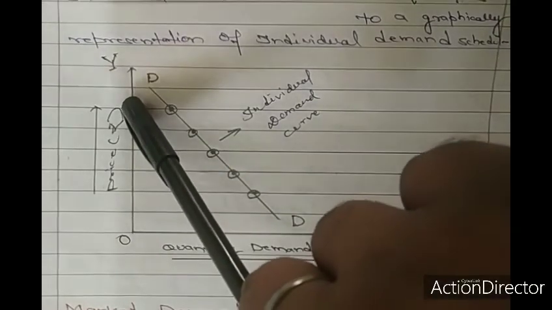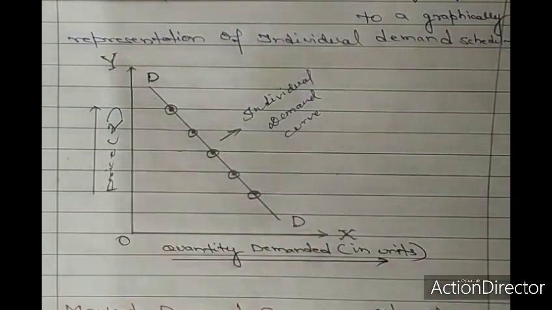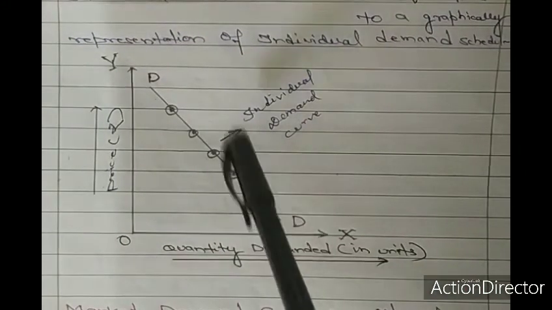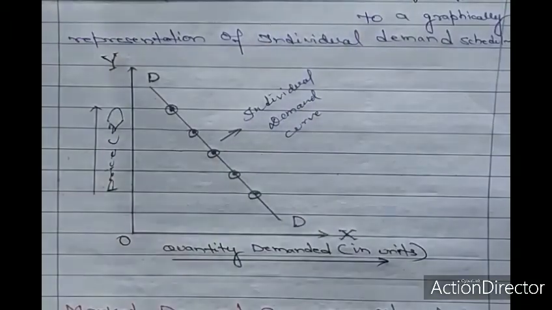So as we are moving downward, the quantity demanded is increasing, or you can understand it the other way, vice versa. This is the downward slope of the individual demand curve. I hope you have understood why the demand curve slopes downward: because of the inverse relationship of price and quantity demanded.